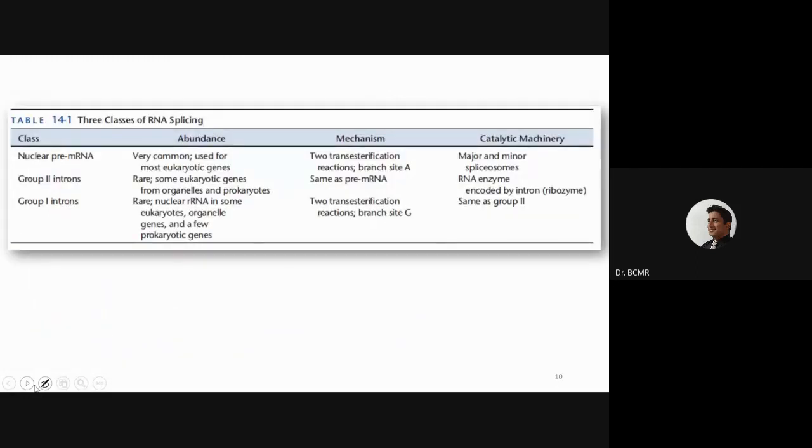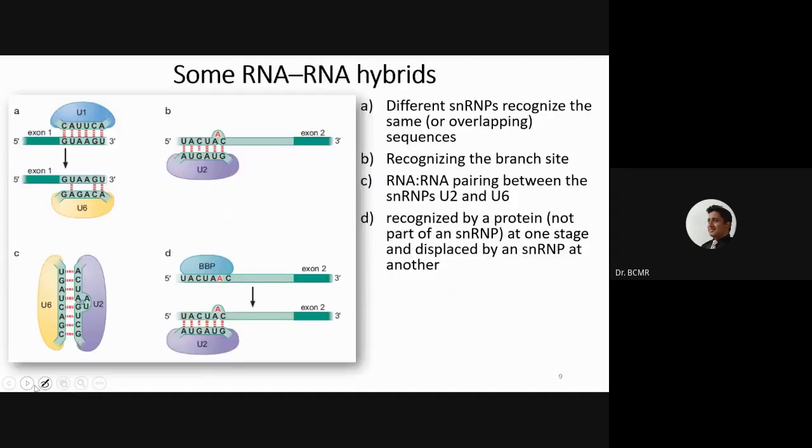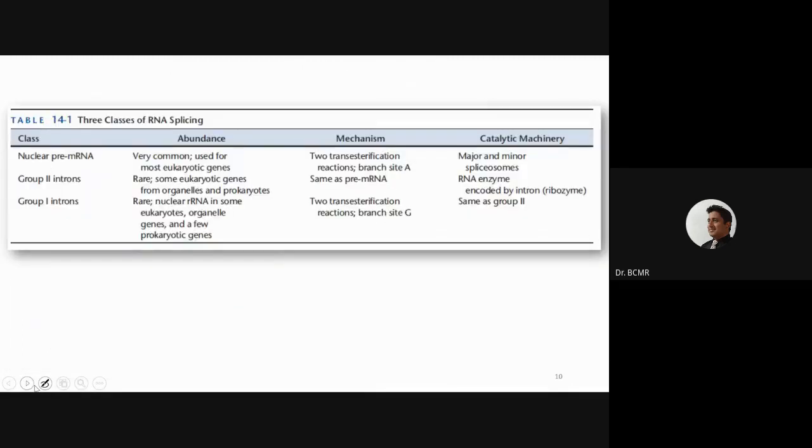I will summarize in this particular one, and then we will discuss in the next class how these things are involved in more detail. Let me give you a general idea of what is happening. There are three things that we are going to read as a part of this splicing machinery alone. There are examples, there will be alternate splicing, and also RNA editing that will come up in the later parts of this lesson.